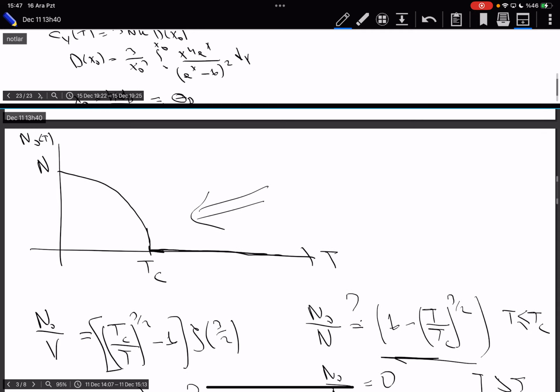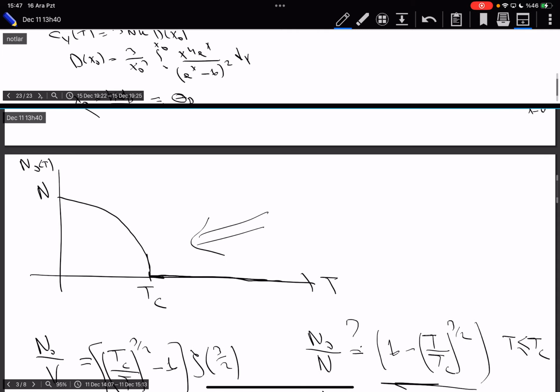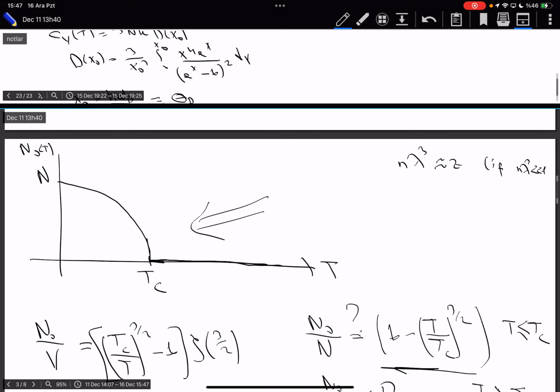Then we looked at the other limit, what happens when we go to lower temperatures. We didn't really start with saying high temperature, low temperature, but we said, what happens when z is small. Z small is essentially n lambda cubed much, much less than 1.